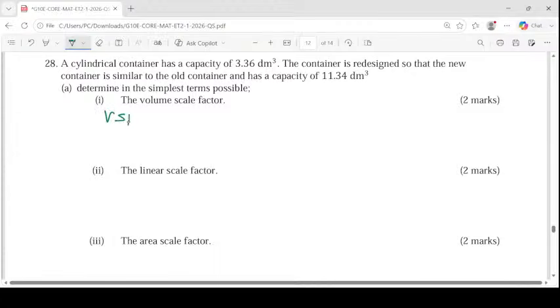So our volume scale factor here will be 3.36 all over 11.34. This one you can press directly from your calculator. You should be getting 8 over 27.